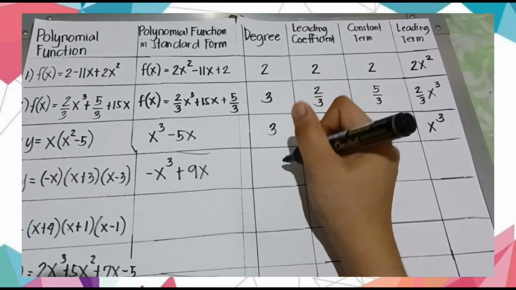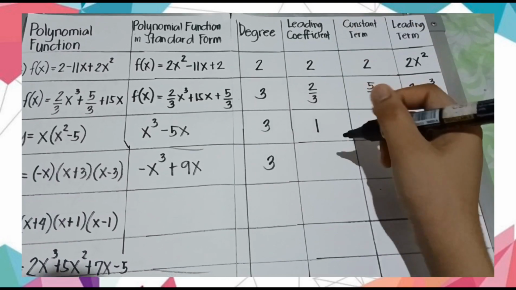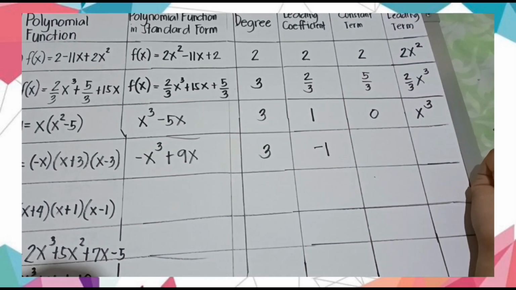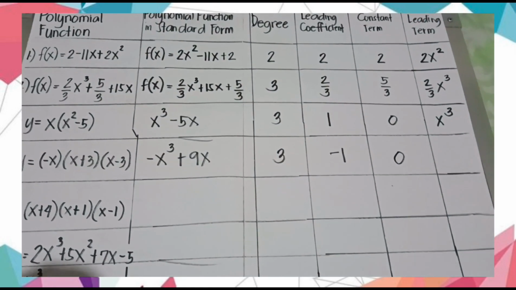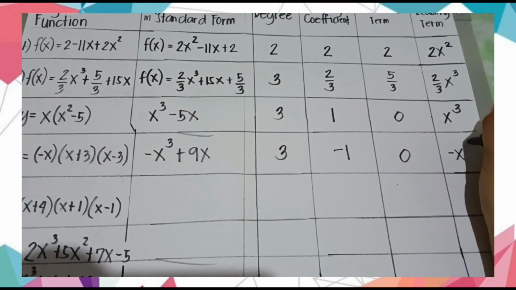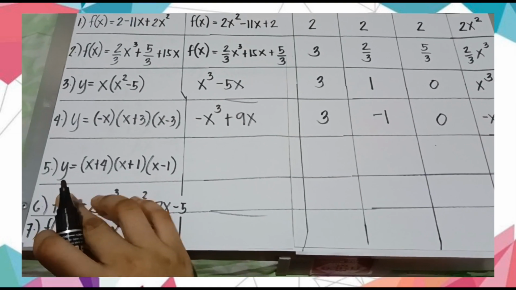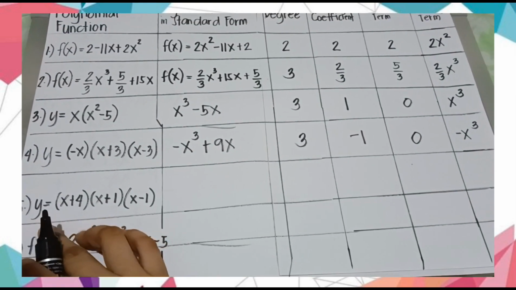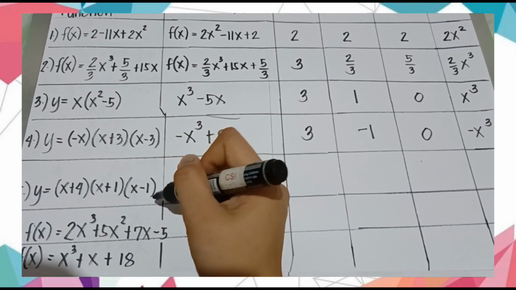The degree of this is 3, which is the highest exponent. The leading coefficient is negative 1, the constant term is 0, and the leading term is negative x cubed.